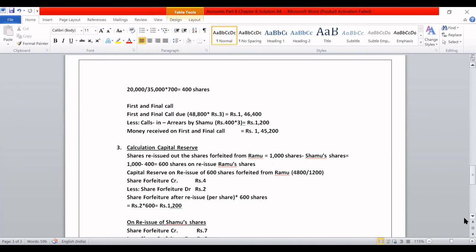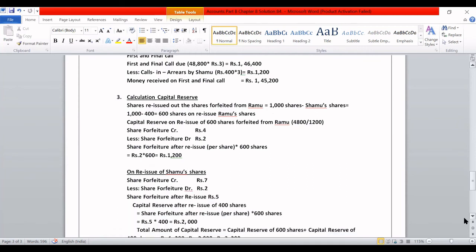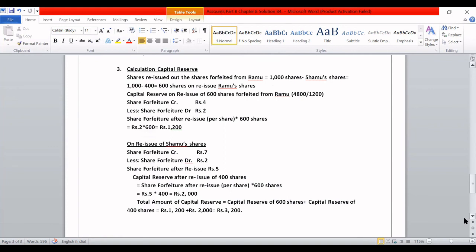And the calls in arrears by Shamu was 400 into 3, that is 1,200. And the money received on first and final call was 1,46,400 minus 1,200, that is 1,45,200.